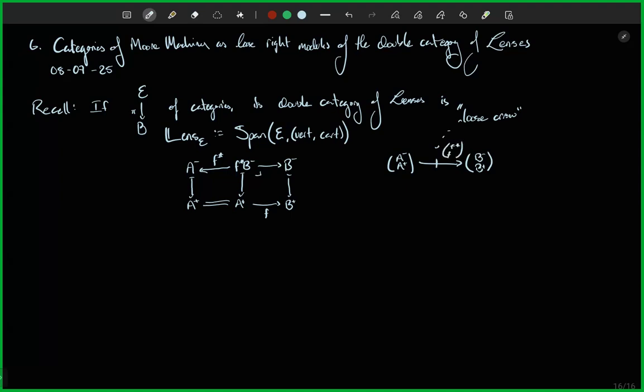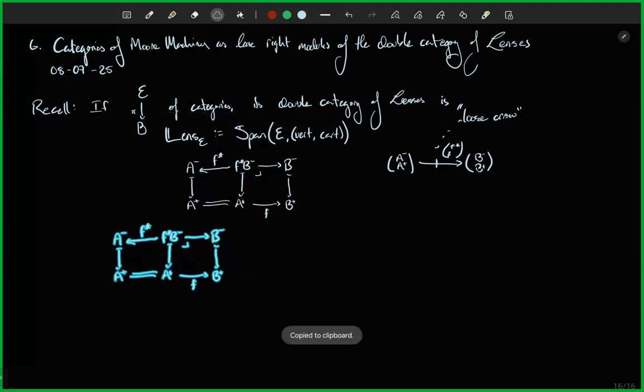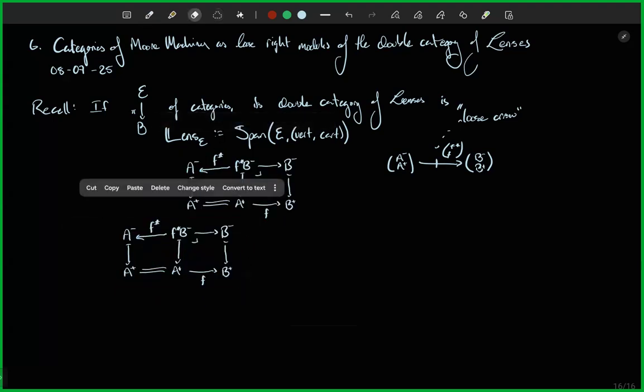So now suppose we have another one of these, but now we name these differently. So I'll name this C minus, C plus, D minus, D plus.